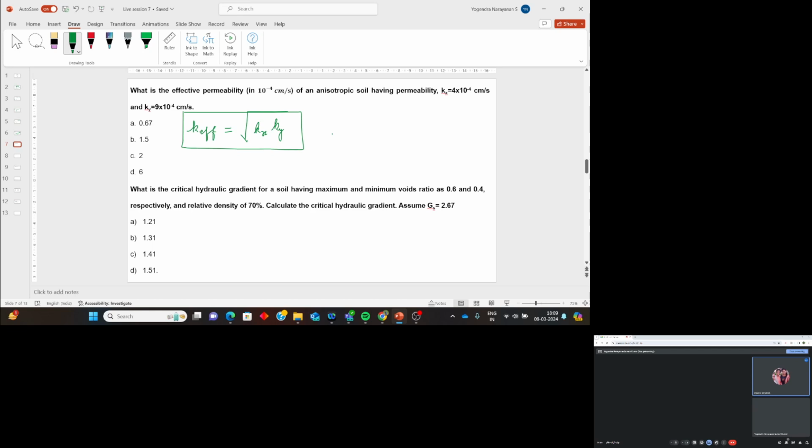6 into 10 power minus 4. So now that the previous question is similar to this, but a little bit extended, and the concepts studied earlier were also incorporated.